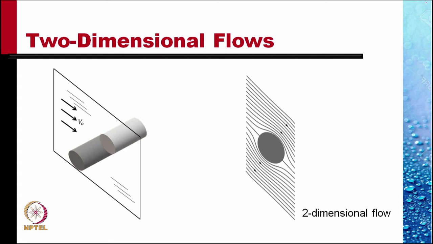This flow pattern is independent of the third dimension. That is, we could take the plane anywhere along the axis of the cylinder and we'll observe the same flow. So that's why the velocity profile does not depend upon the third dimension. It's called a two-dimensional flow.